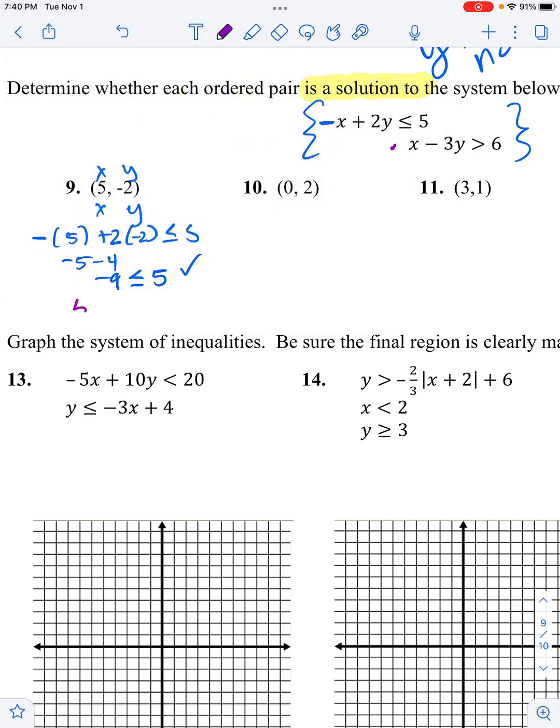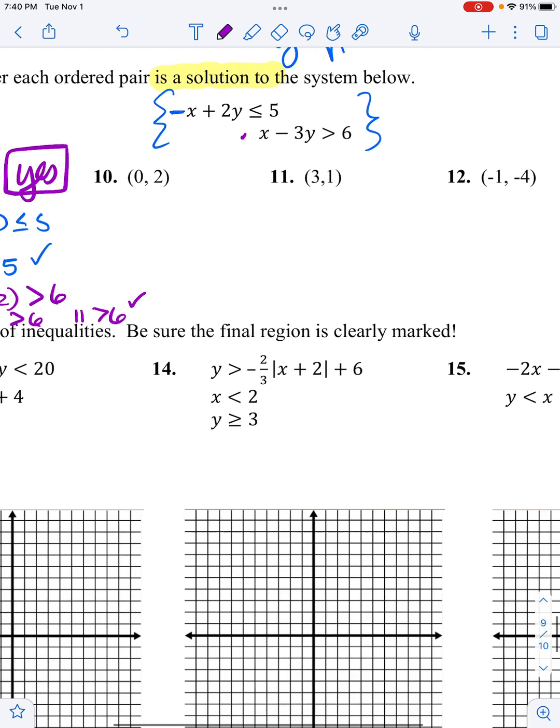So I put my x, which is 5, minus 3 times my y, and I'm checking to see if it's greater than 6. The negatives cancel, so this turns to adding, and I get 11 is greater than 6. Also true. So since it worked in both of them, I'd say yes, and I'd have to have the work to prove it. I can't just say yes without any work shown.